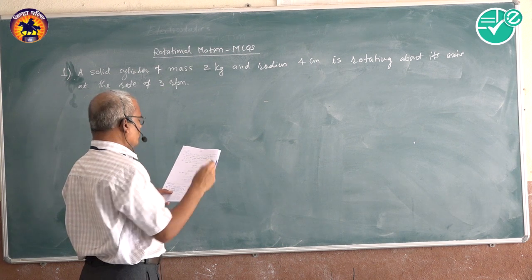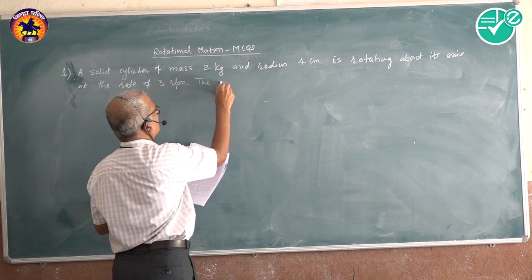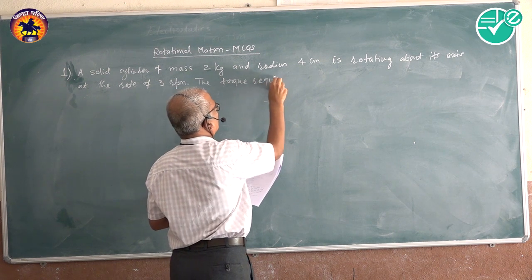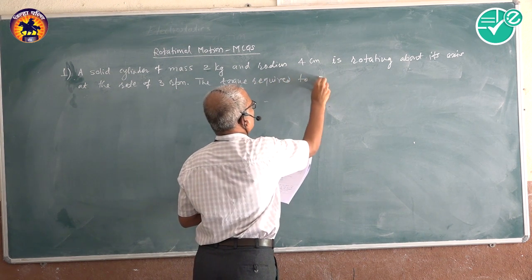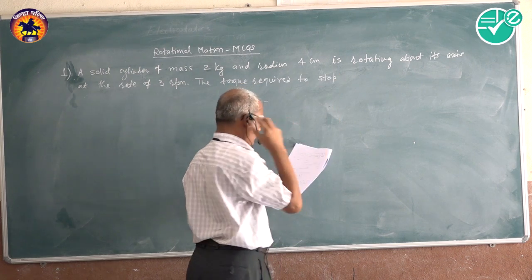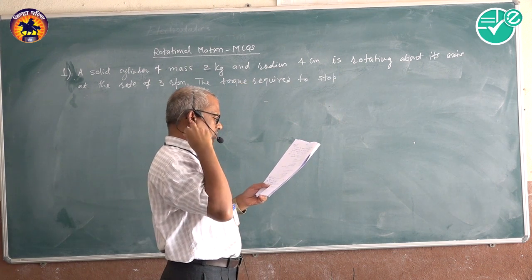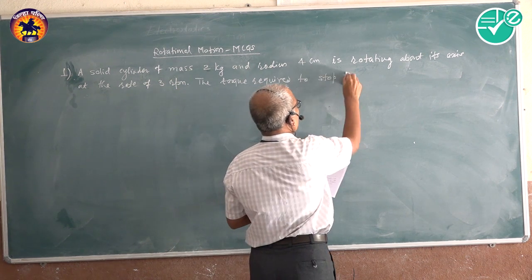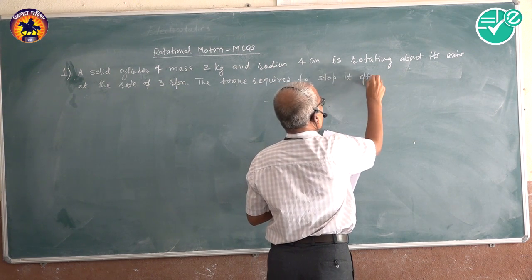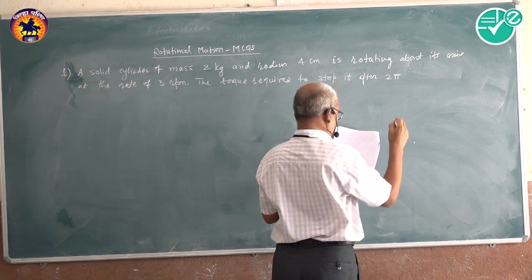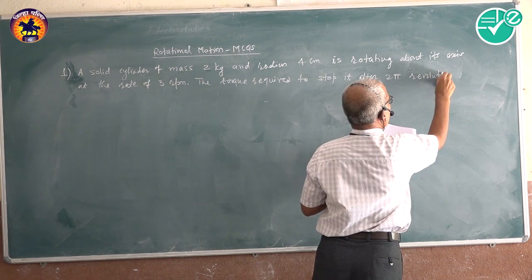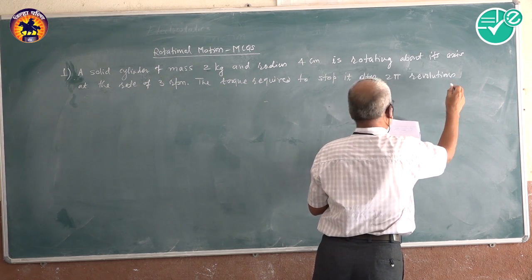The torque required to stop it after 2 pi revolutions is.